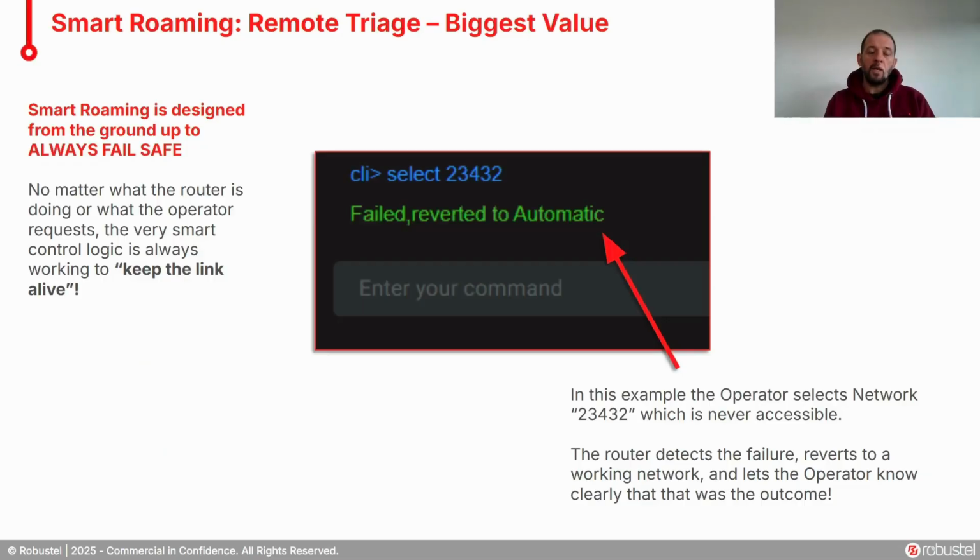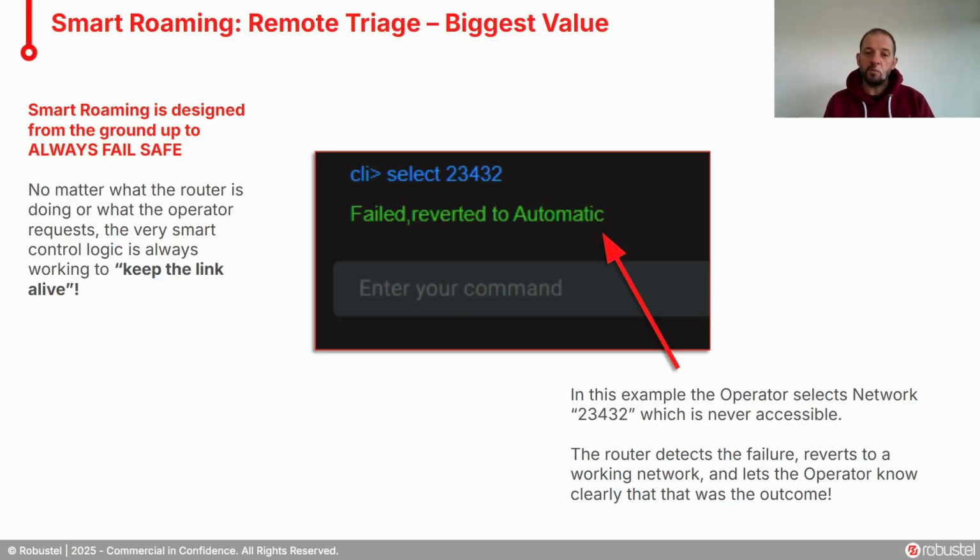In the entire project in smart roaming and how everything that I've described today is working, there's a vast amount of logic below the waterline. We wouldn't go into all of the fine detail because it would take a long time. But to give you an example here, if you choose a network that isn't working, there's a very elegant fail-safe.